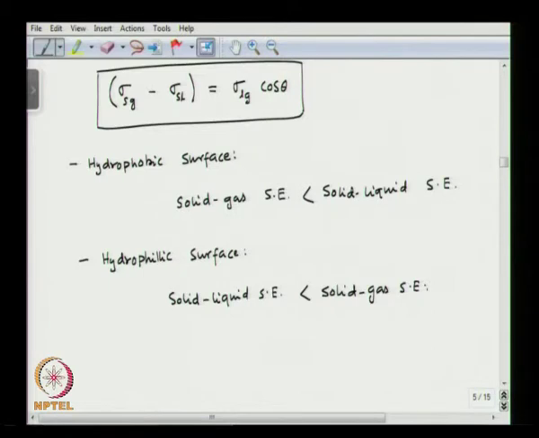Okay. So the surface tension between the liquid gas interface can be obtained using a capillary tube experiment that we have seen in the previous lecture. So here we just briefly revisit that.